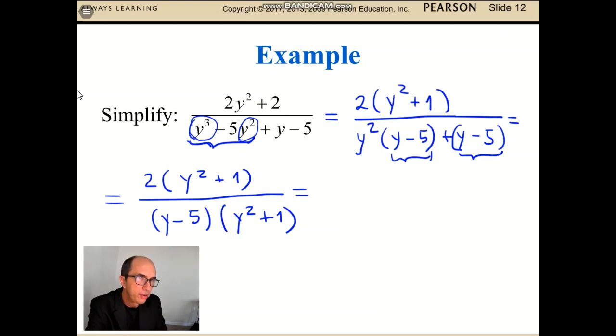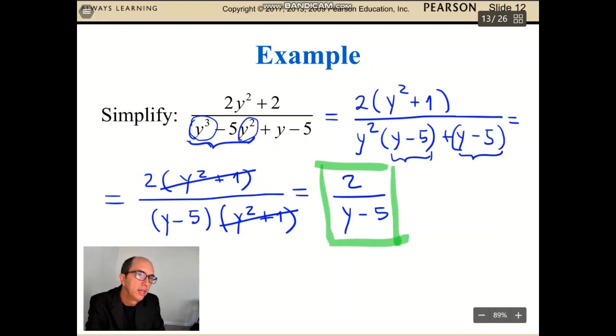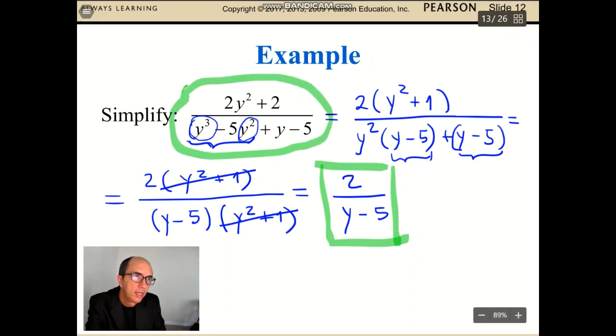Very convenient, because we can now simplify, since y squared plus 1 divided by y squared plus 1 equals 1. The simplified rational expression is going to be 2 over y minus 5. See this? This is the original, and by factoring and simplifying, we got this much simpler rational expression.